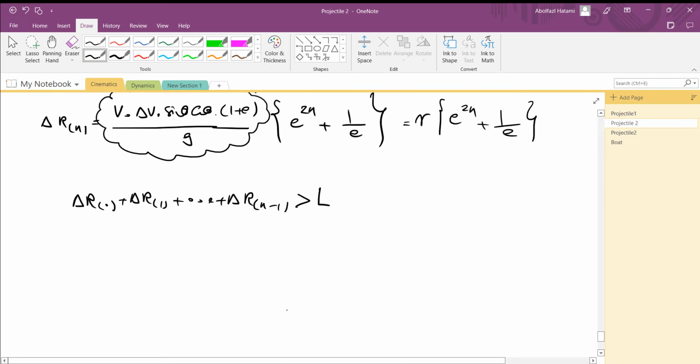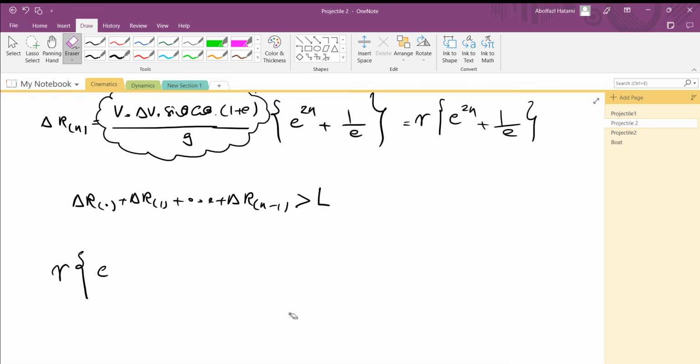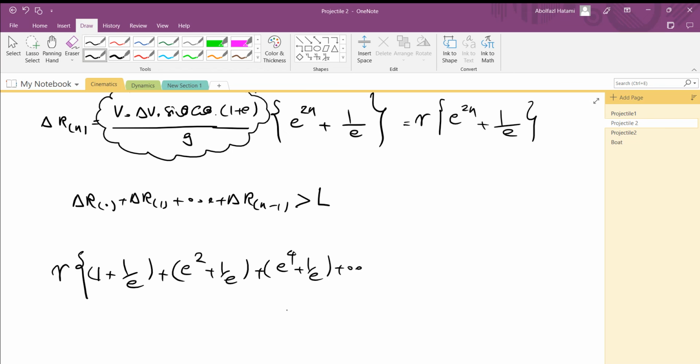I can factor these gammas: if I put n as 0, it is 1 plus 1 over e, plus e to power 2 plus 1 over e, plus e to power 4 plus 1 over e, until e to power 2n minus 2 plus 1 over e.